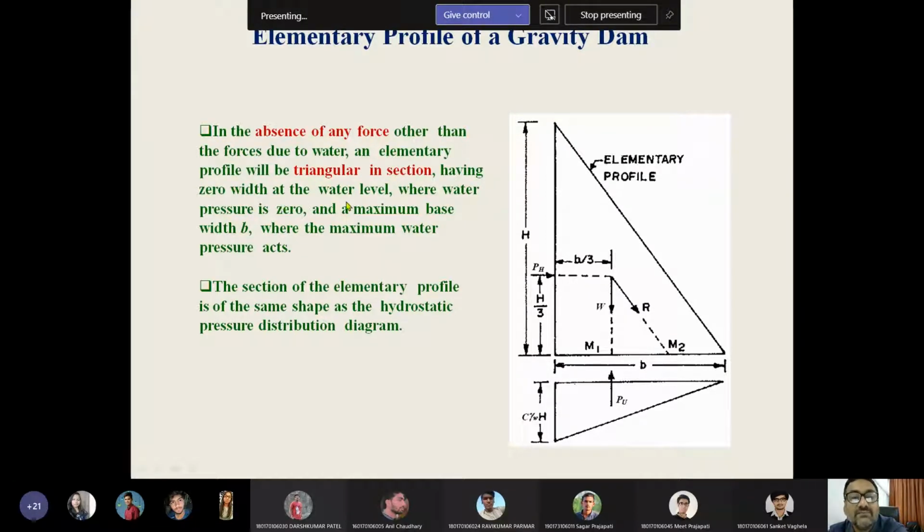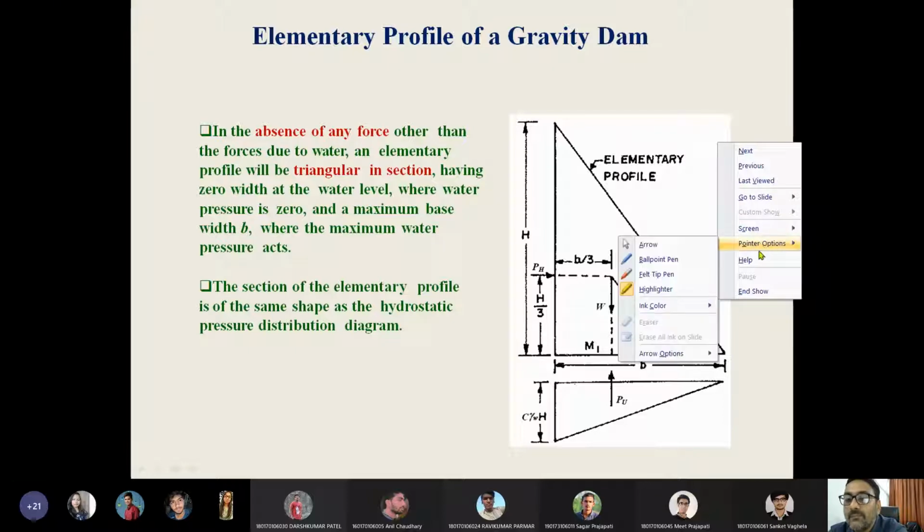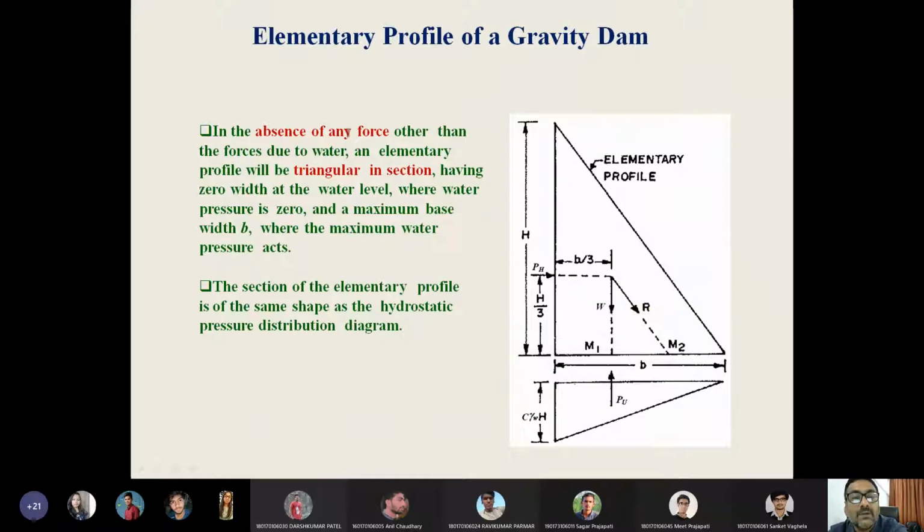So first only the water is taken, not even the weight of the dam, and uplift is not considered. It will be triangular in section, having zero width at the water level. Here it is zero width, and this is the bone of contention: what should be the width at the base?